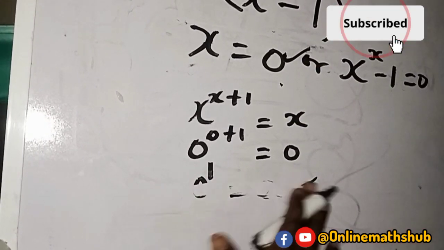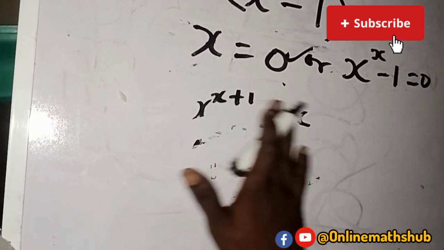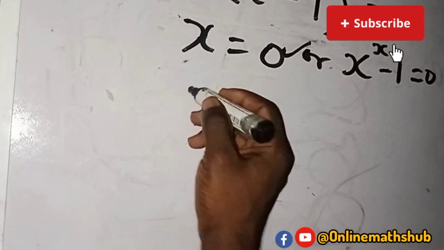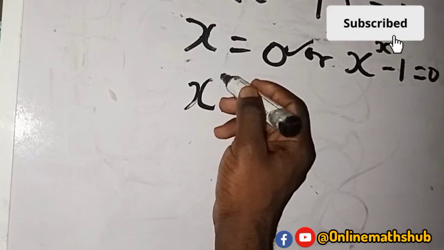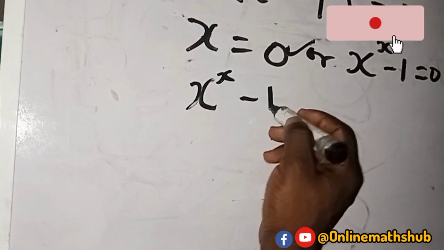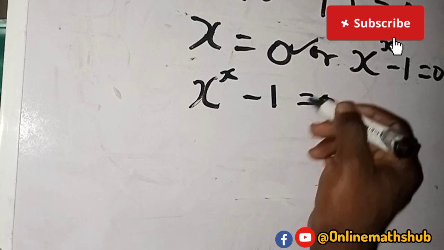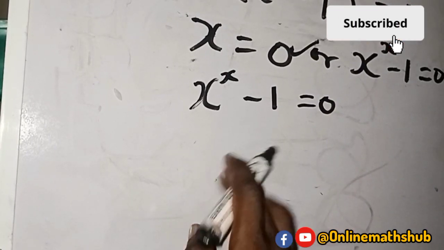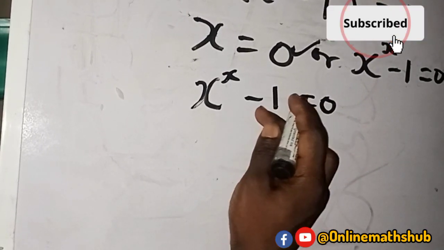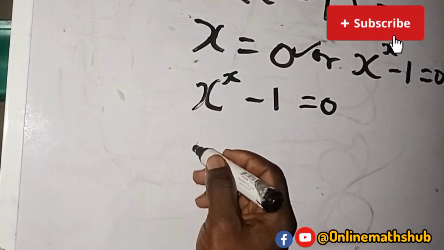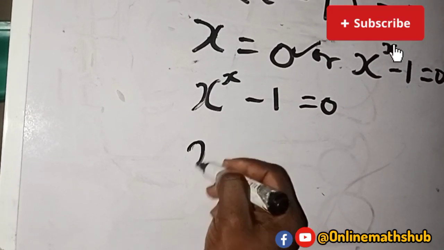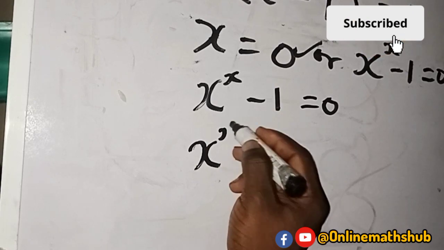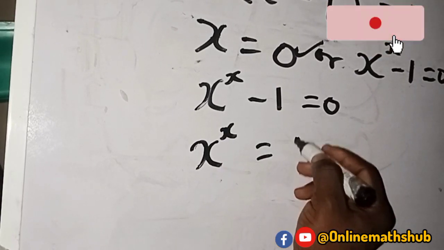The next thing we want to check is the second case, which says that x raised to power x minus 1 is equal to 0. Now how do we solve this? We can take this minus 1 to the other side, and if we do that, we have that x raised to power x is equal to 1.